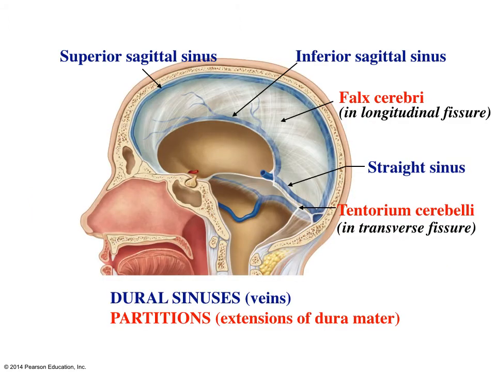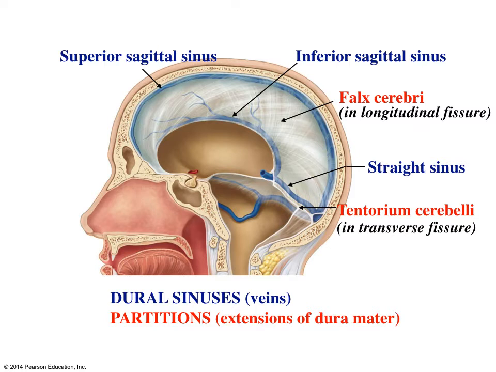This slide shows dural sinuses. We already mentioned the superior sagittal sinus. In red, I have indicated the main dural extensions or partitions. Falx cerebri dips into the longitudinal fissure, separating and protecting the two cerebral hemispheres from each other.